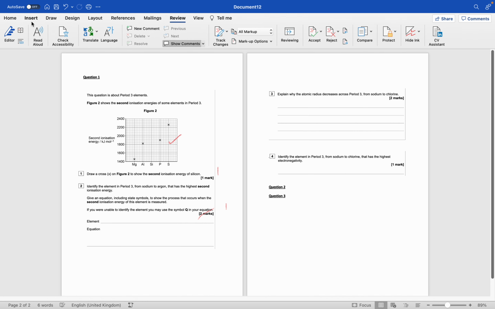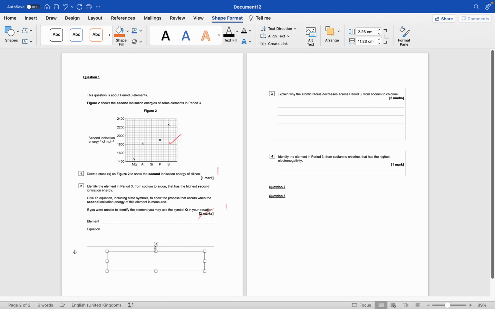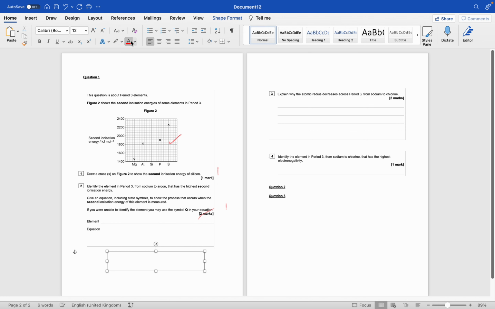let's say, add a text box, okay? So yeah, let's say, for example, for this particular question, if they forgot to balance the equation, okay, I can just maybe write, remember to always balance the equation. Okay, and let's say they got 1 mark for this.